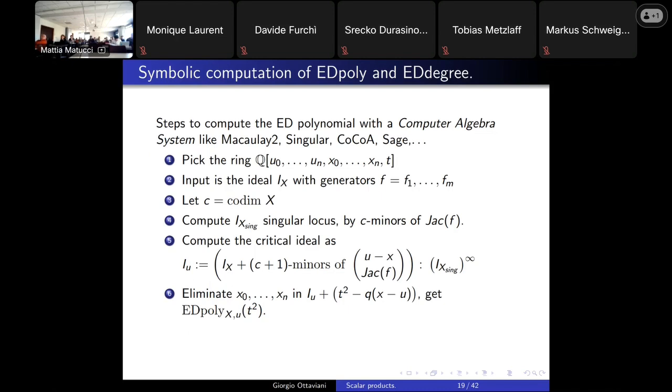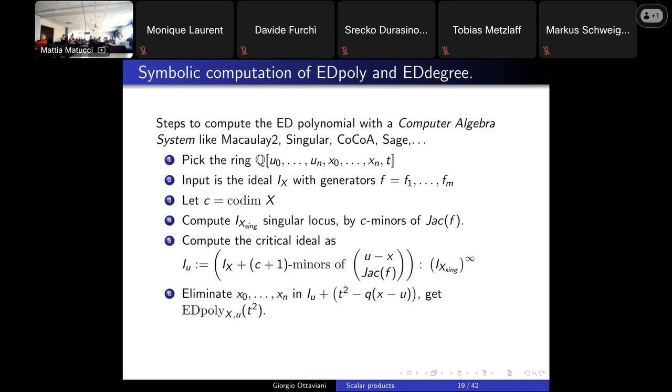And then the second warning is the last step. You construct an ideal. You see there is c plus 1 minus of that. And this means that U minus x, to be orthogonal to the tangent space, has just to be proportional to the Jacobian. This is equivalent. You construct the ideal, you have to eliminate the variable x in your ideal U, plus this formula.